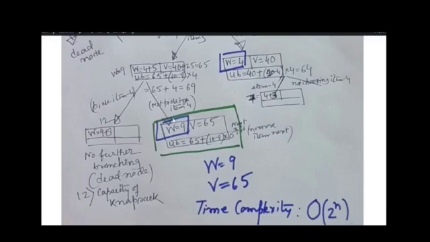Whereas here, if it doesn't choose item 4, it will be replicated as it is here. Weight will be 9 and V will be 65, and the upper bound will be 65 plus 10 minus 9 into Vi plus 1 divided by Wi plus 1. Now we are dealing with item 4, and there is no fifth item, so that will be 0. So the upper bound will be 65.